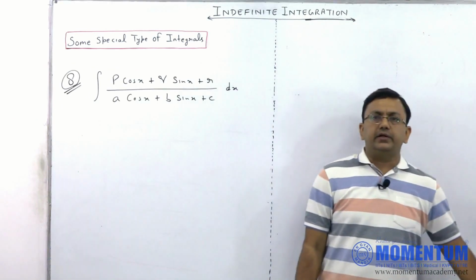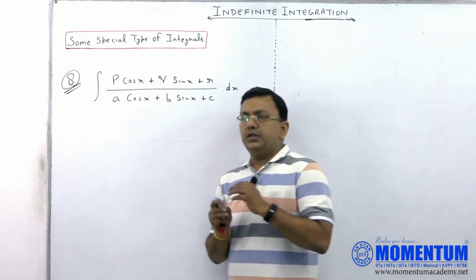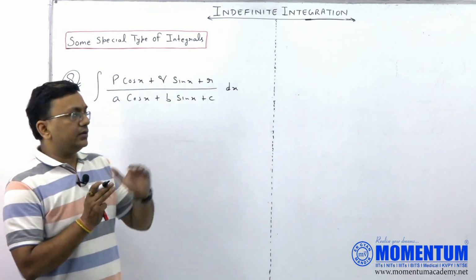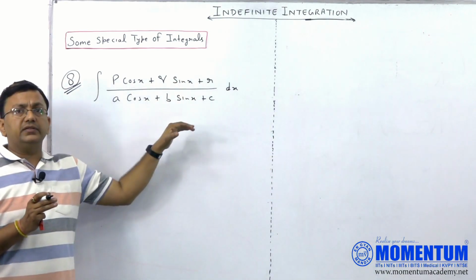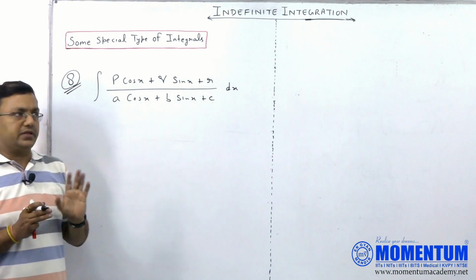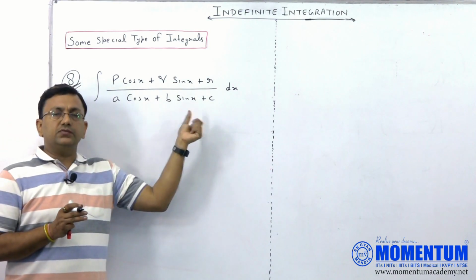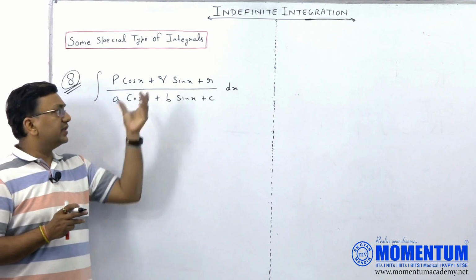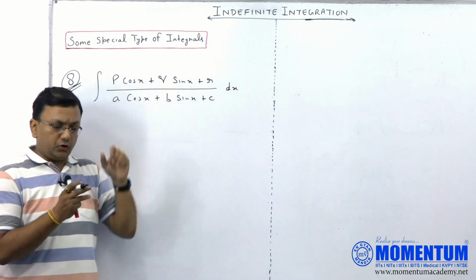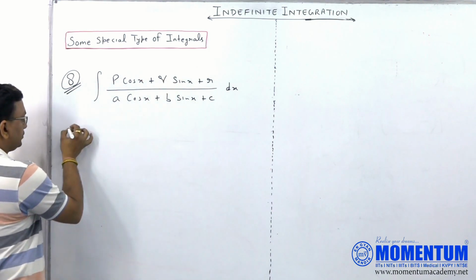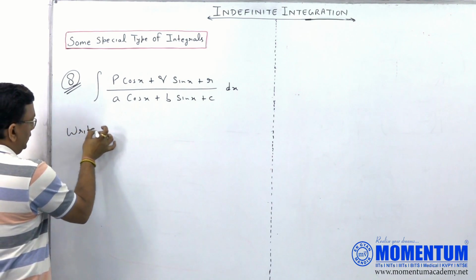Now we have a special integral number 8 where sine and cos are in numerator as well as in denominator. In the previous case, terms of sine and cos were only in denominator, but this time we have them in numerator as well as denominator. What will we do?